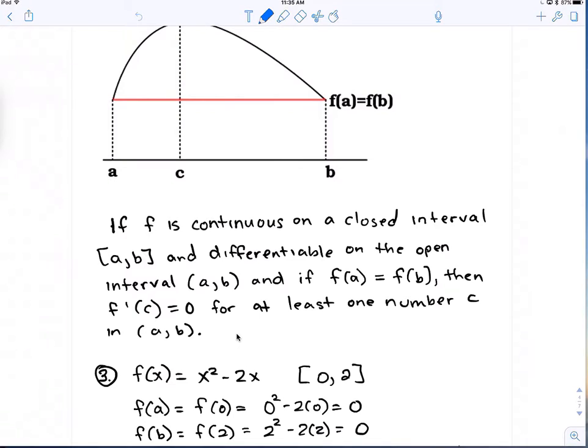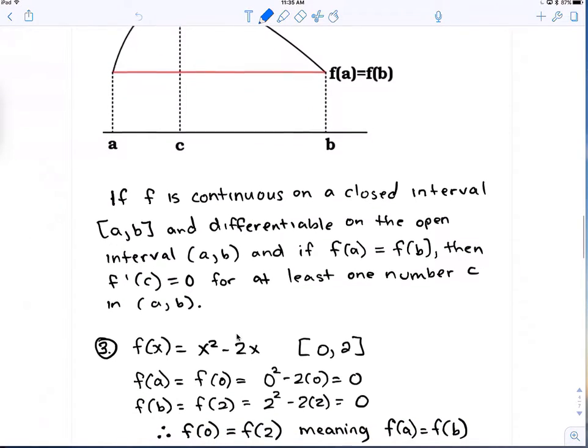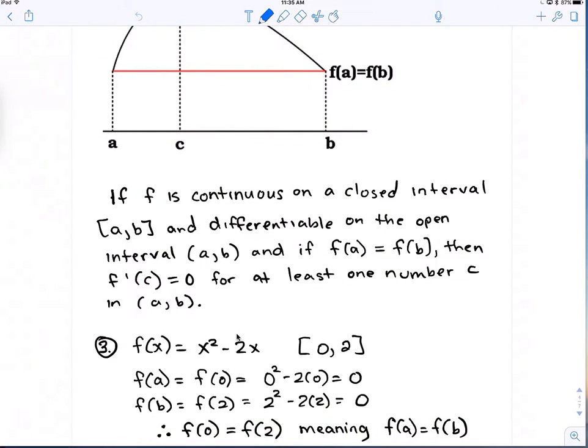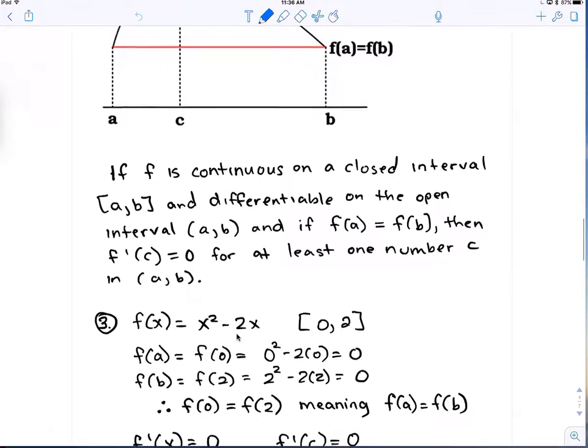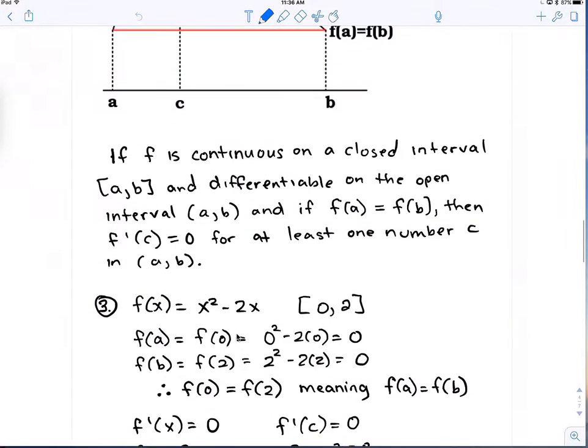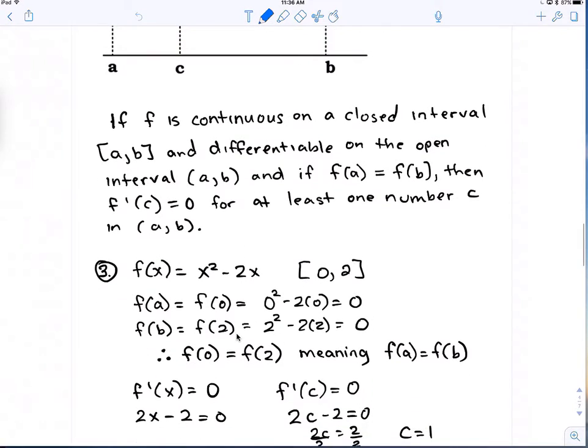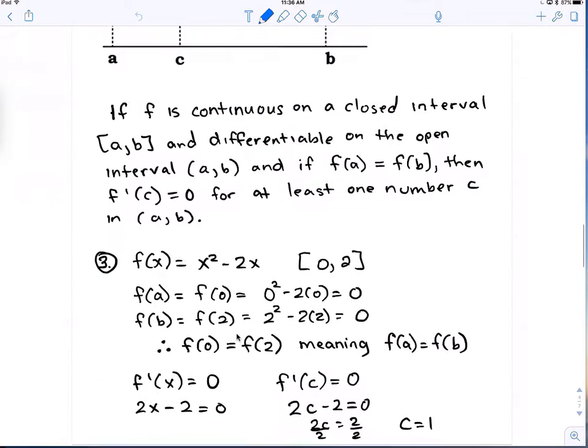Okay. The conclusion here is we say f of 0, which is our f of a, is equal to f of 2, that means f of a is equal to f of b. If that's the case, then we can take our first derivative. What's the first derivative of x squared minus 2x? 2x minus 2, and we set that equal to 0. So I take this first derivative, set it equal to 0.